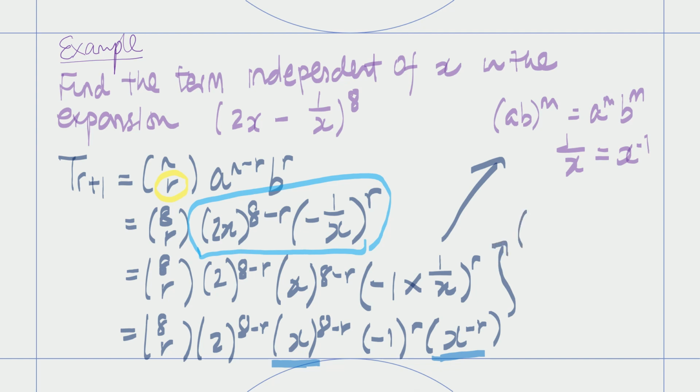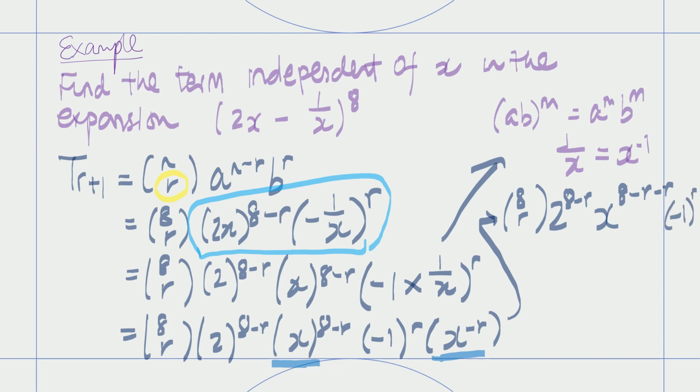So I would get 8Cr, 2 to the power 8 minus r, x to the power 8 minus r plus bracket negative r, so that gives you minus r. And of course, your negative 1 to the power r. So let's continue.